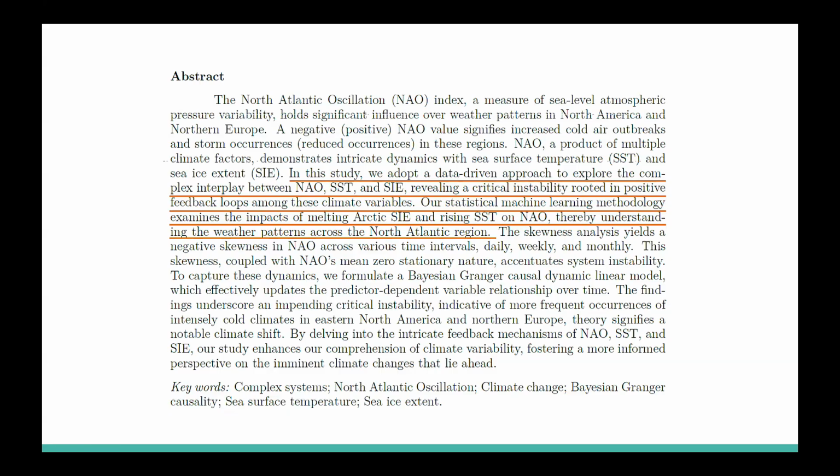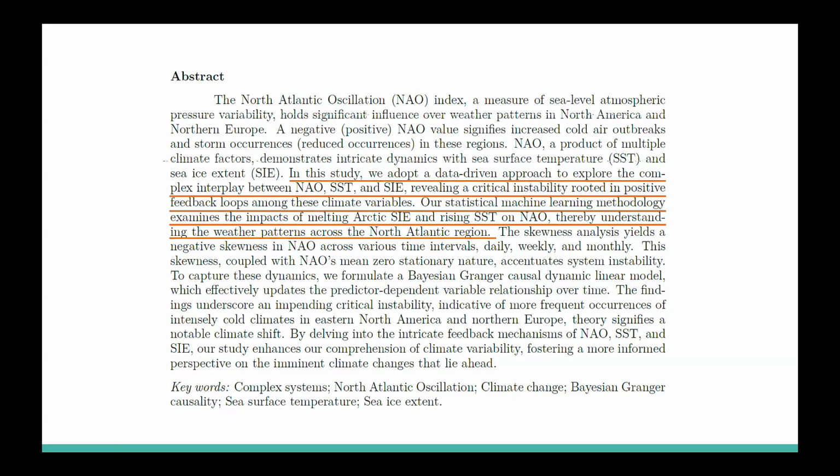Our statistical machine learning methodology examines the impacts of melting Arctic sea ice extent and rising sea surface temperature on the North Atlantic Oscillation, thereby understanding the weather patterns across the North Atlantic region.